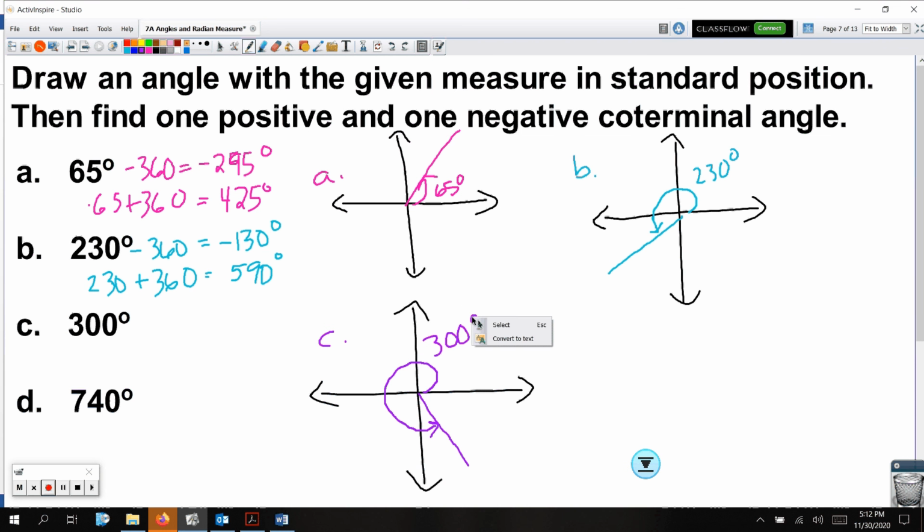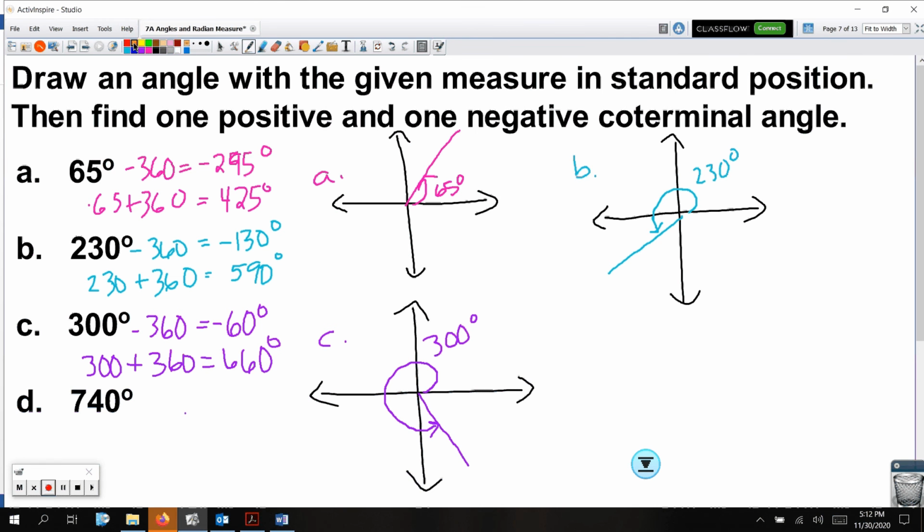That's about 300 degrees. All right, so if I subtract 360, it gives me negative 60 coterminal. And then take 300 plus 360, and we get 660. It's positive. Beautiful. One more to go. Let's use orange, I guess.